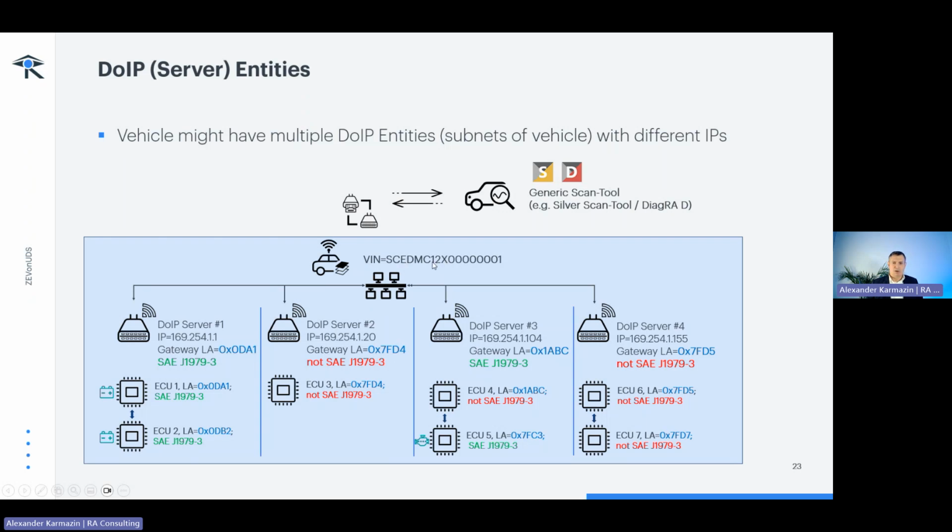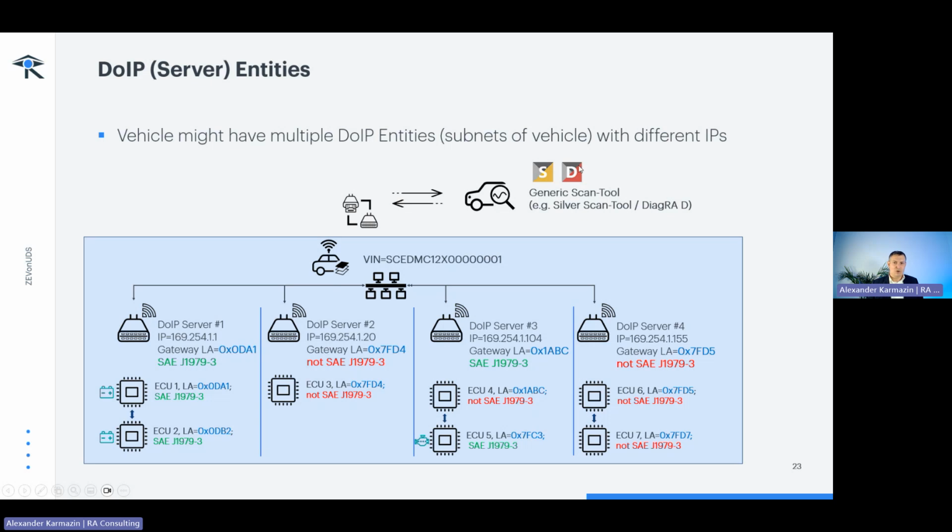It has a WAN, sure, and it has 1 or more DoIP servers inside, and each DoIP server has its own IP address and its own logical address of the gateway, or of the main ECU behind the DoIP server. Some of these servers might support ZEV, some not.